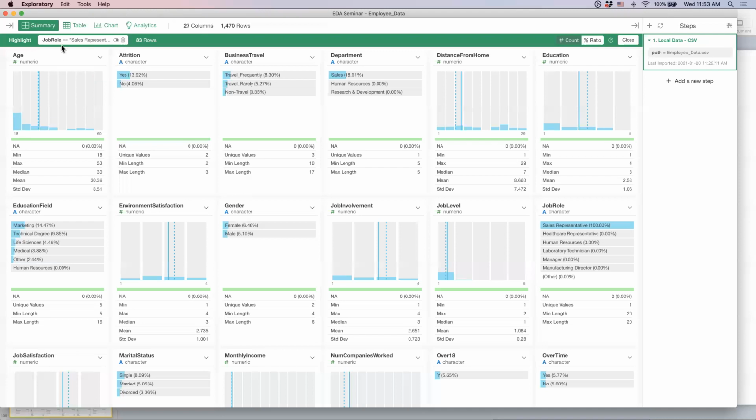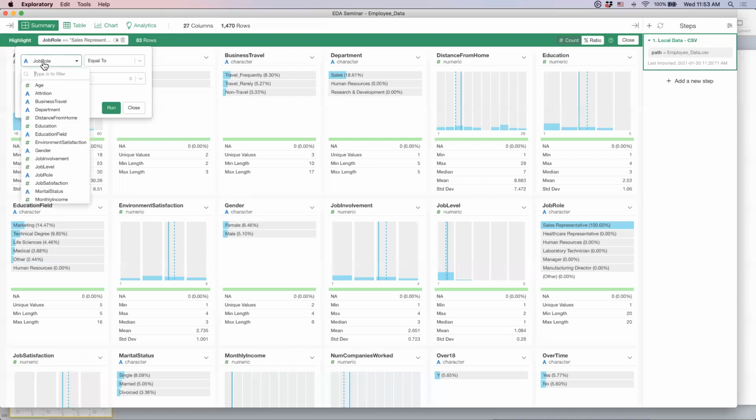Of course, we can change the job role or some other stuff. For example, what if you're interested in higher income people, those making a much higher salary: what is their distribution of age, what is the distribution of education level, and so on?